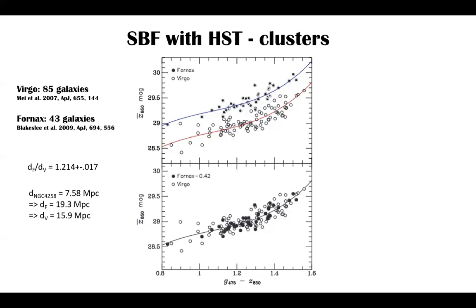And then if we take this maser distance to NGC 4258, that transfers over to the Fornax cluster in the ways I just showed you, just with 3 objects. But then using this scaling, we would anticipate that the Virgo cluster is at about 16 megaparsecs.